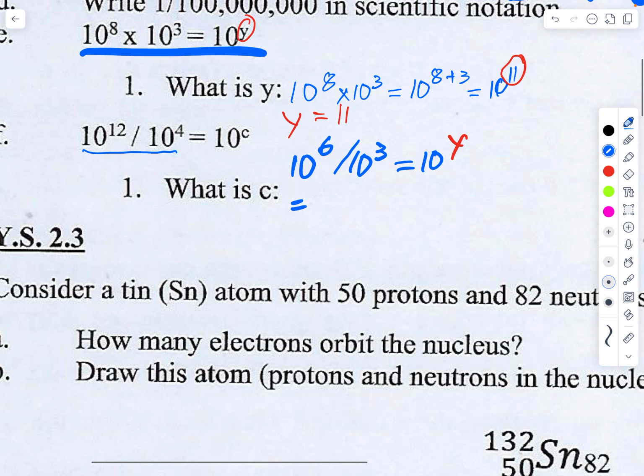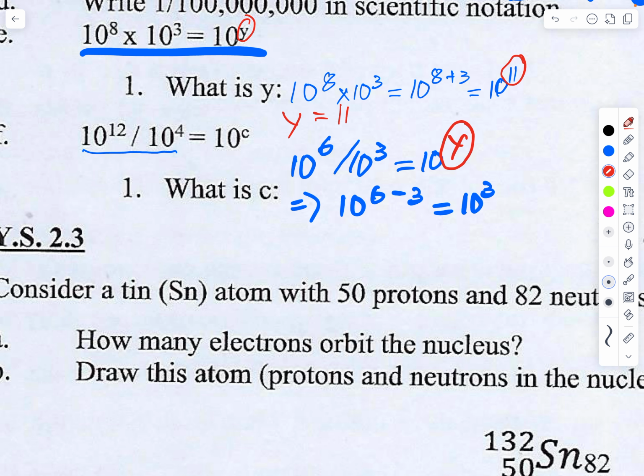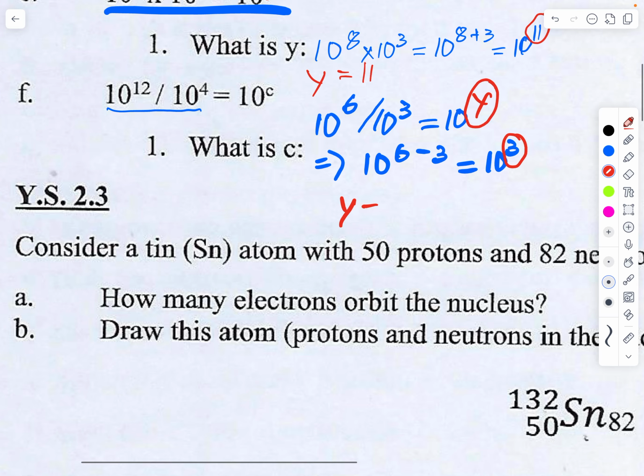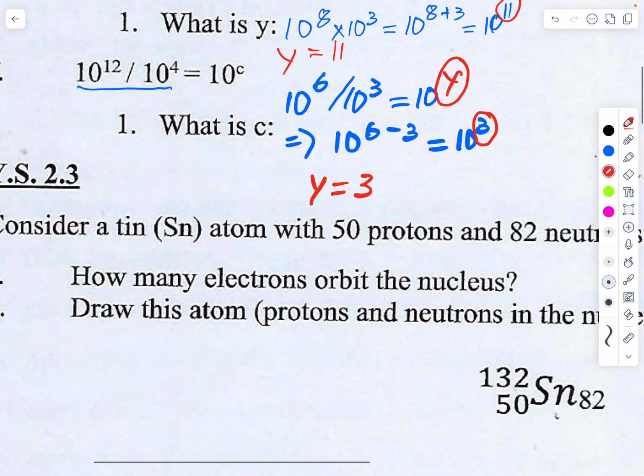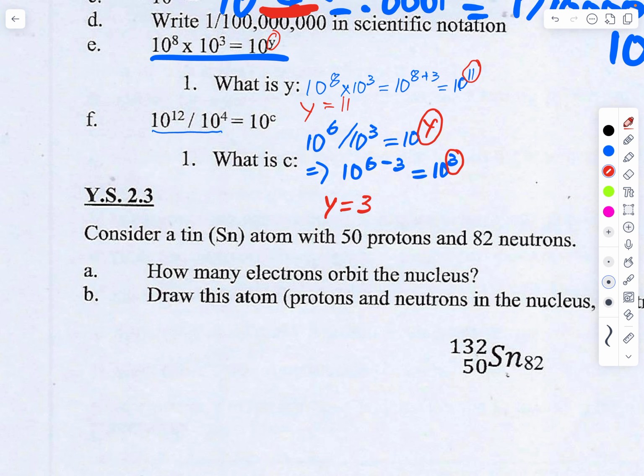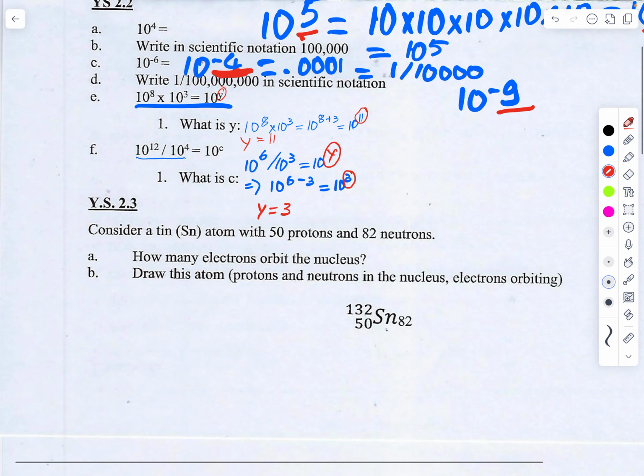So we do 6 minus 3, so 6 minus 3 is 10 to the third. And since you're looking for the exponent of 10 over here, 3 is our exponent, so y equals 3. This is just the example, okay? There we go. And that's how you do the exponent.